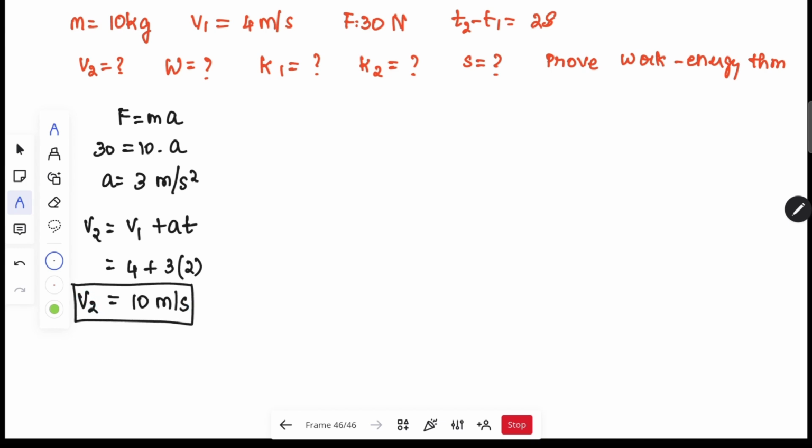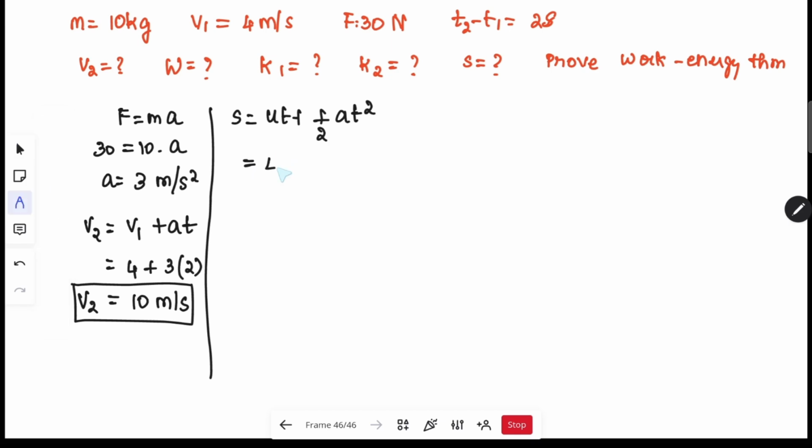Now we need the distance covered. s is equal to ut plus half at square. So initial velocity is 4, time is 2, half into acceleration is 3, time is 2 square.